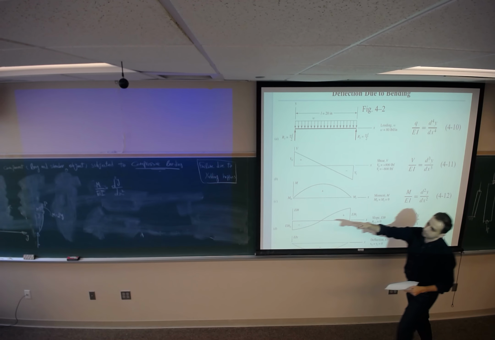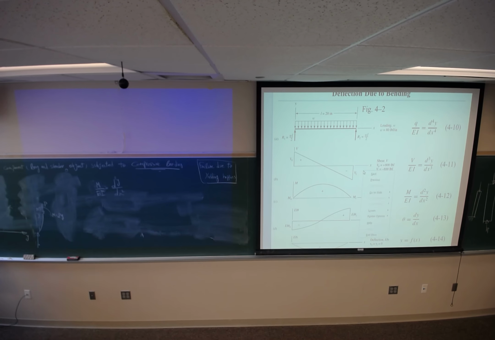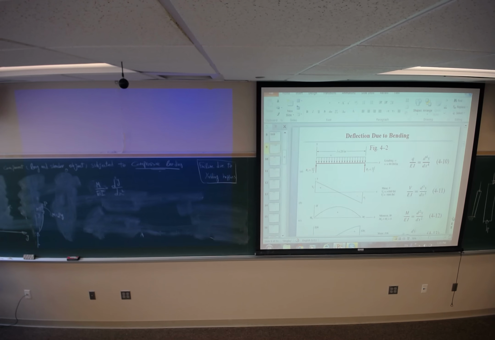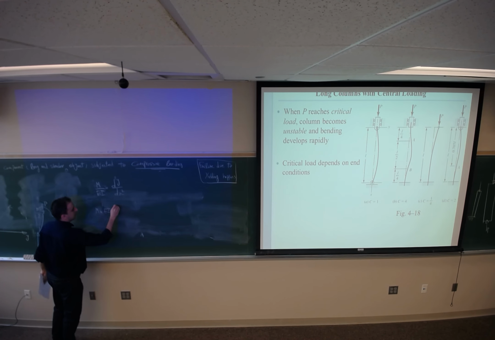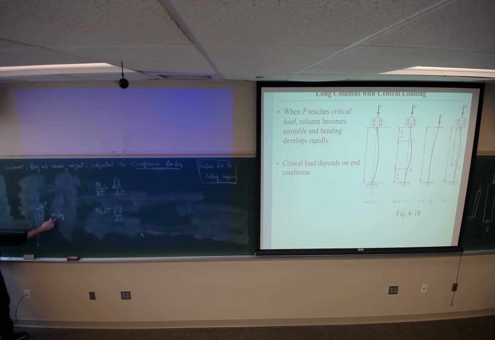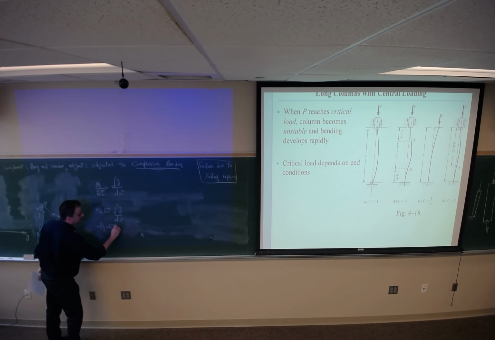I'm just using this equation. And M would be EI times the second derivative of Y with respect to X. Just plug in: negative PY equals EI times the second derivative of Y with respect to X.